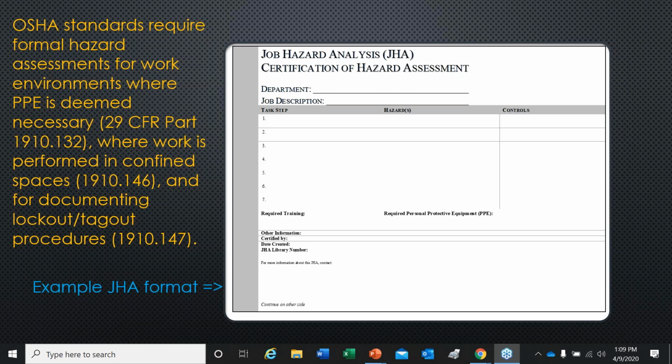I will have these forms available for you at a later time. You're going to see my name and phone number and emails on it so that I can make it available to you. This one is just an example copy, but it shows you what you would be looking at when you started the process.